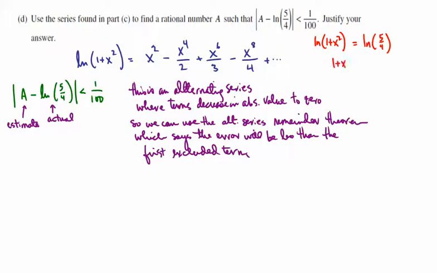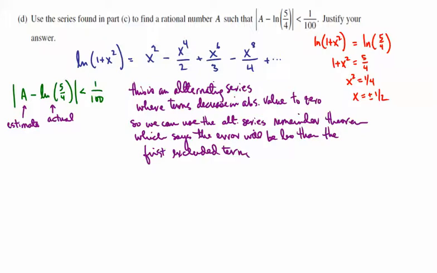So we have 1 plus x squared then has to equal 5/4. We subtract 1 from both sides and we get x squared is 1/4. Now x would be plus or minus 1/2. And we'll just use the positive value right now. I can't off the top of my head tell if there's a reason why the negative is not valid in this case, but let's work with the positive.